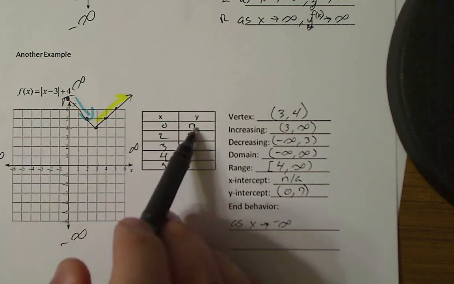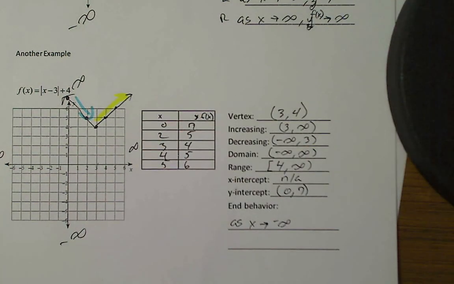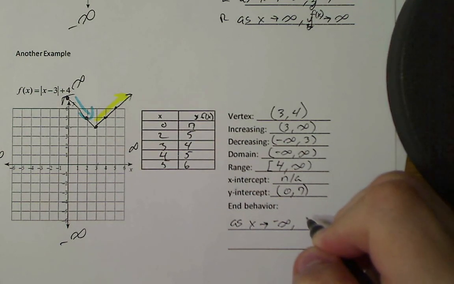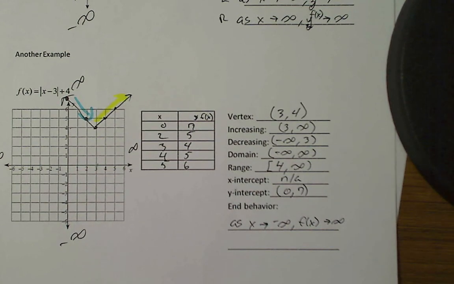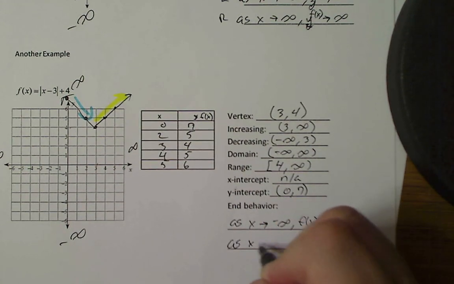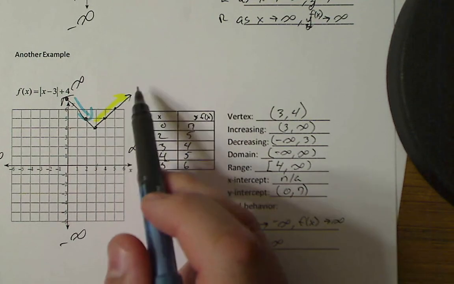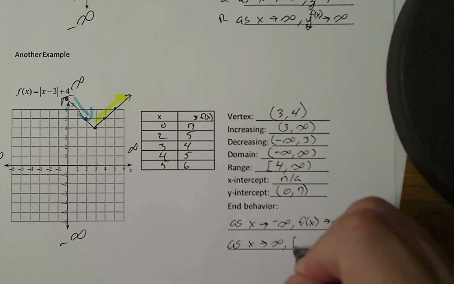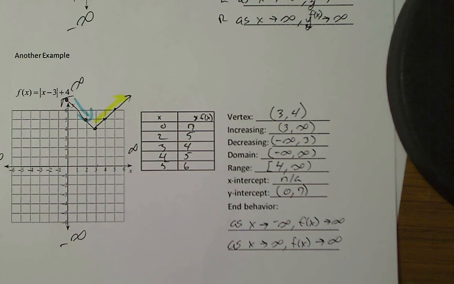F of x and y, one of the things I have to make sure is that these two match all the time. That's just an annoyance on my part. F of x is approaching infinity. As x is approaching positive infinity, in this direction, my y, or my f of x, is also approaching positive infinity. Okay. So that's that.